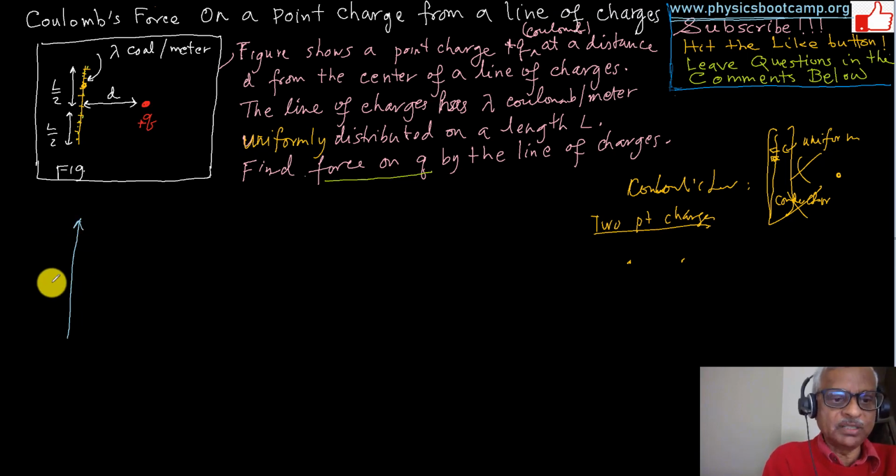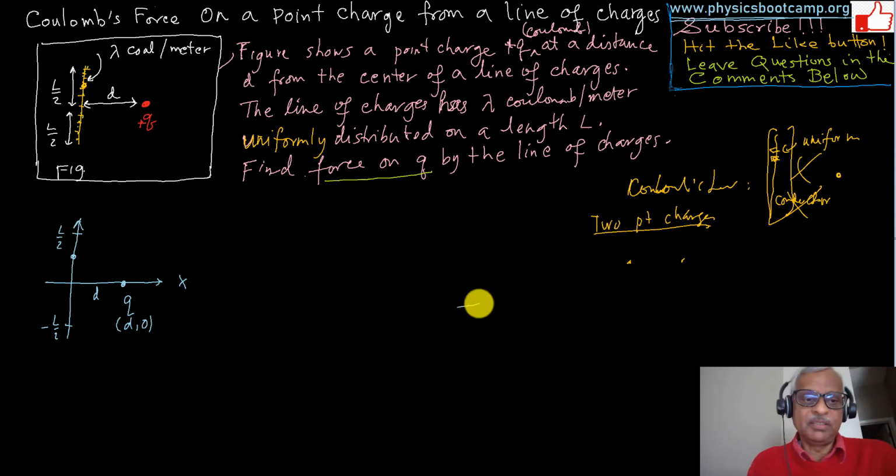So to set this up, you will need some kind of coordinate system, and because this is symmetric, we can call this the x-axis. The charge q is over here at distance d, so this guy's coordinate is (d, 0), and some arbitrary element over here goes from L over 2 here to minus L over 2 here.